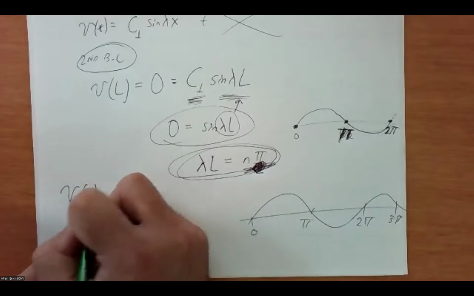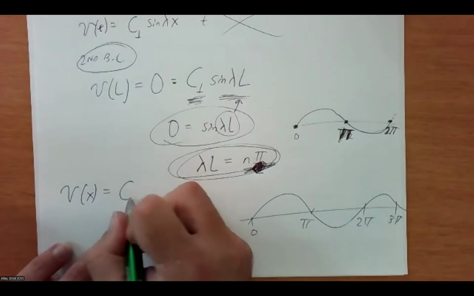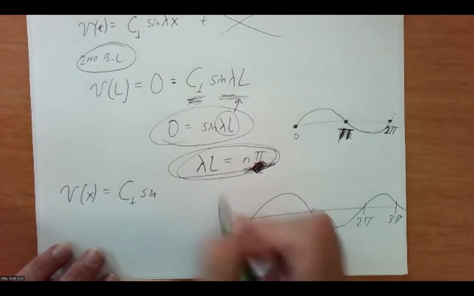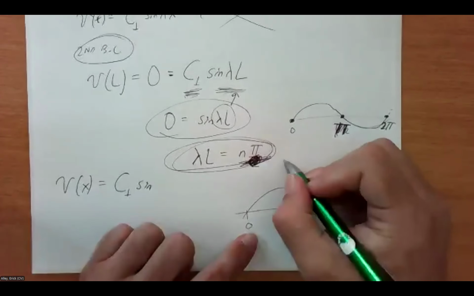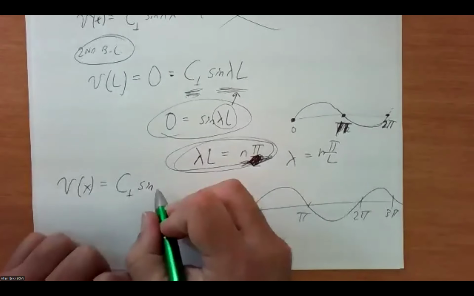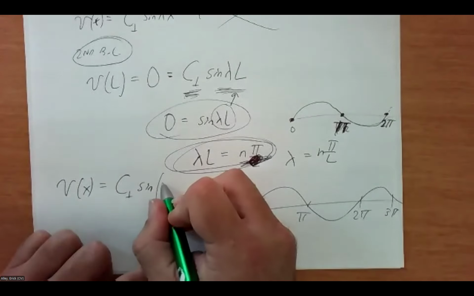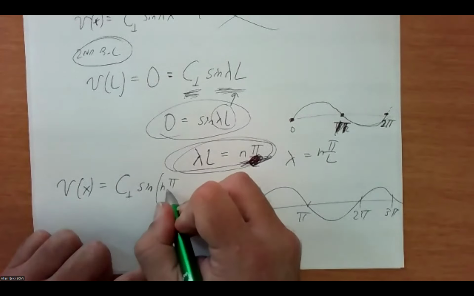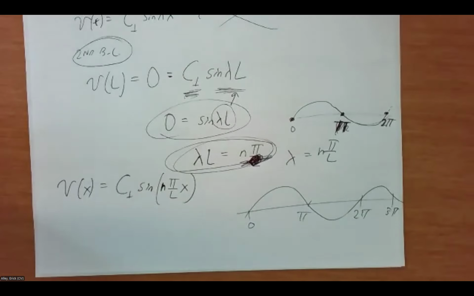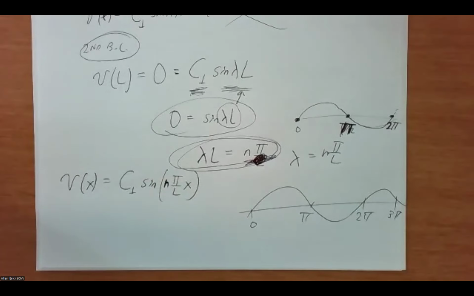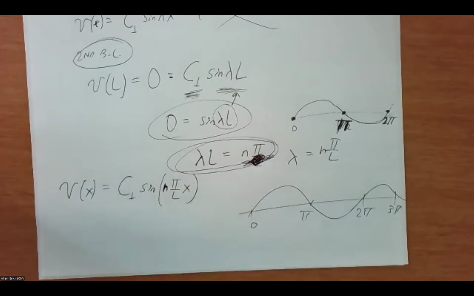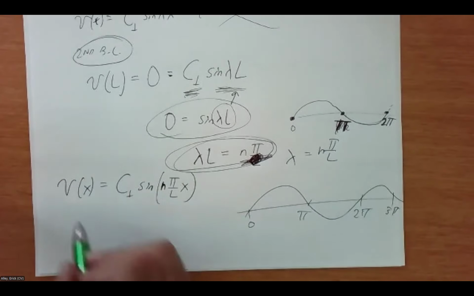So that means V of x is going to be C1 sine of this setup right here. So lambda then needs to be some multiple of pi over L. So some number pi over L times x, some multiple or integer there, either pi or 2 pi or 3 pi or etc. And then when x equals L, if this is some multiple of pi, then this will 0 out.